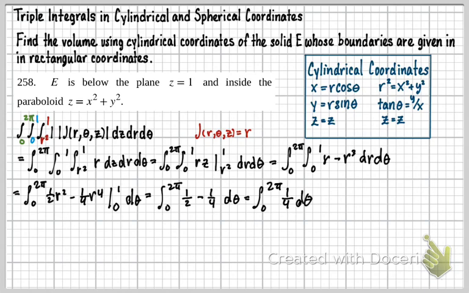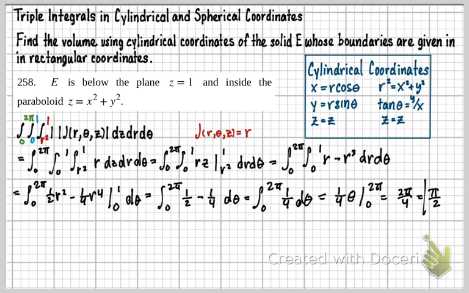So then to finish this problem, this is going to be 1/4 theta from 0 to 2 pi. So it's going to be 1/4 times 2 pi, so 2 pi fourths, minus the 0 there, which I don't have to worry about when I plug in the lower bound, and that's going to equal pi halves.